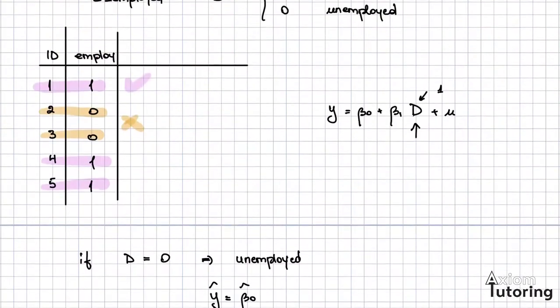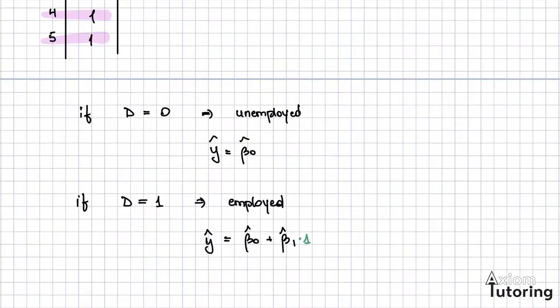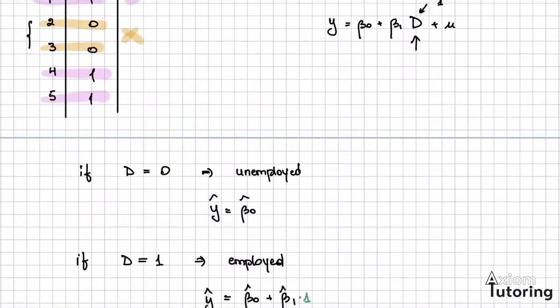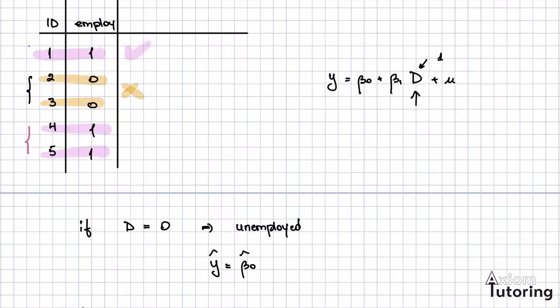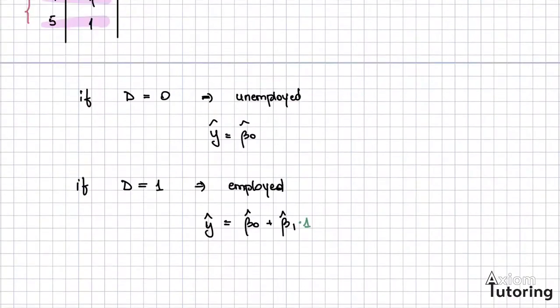When my d is equal to 0, what I'm saying is, hey, actually concentrate only on the lines where I've got all of these people where employed is 0. Then when d is equal to 1, I'm saying, well, actually now I want you to look only at the lines where I have d equal to 1. So I'm only looking at the employed people, okay?